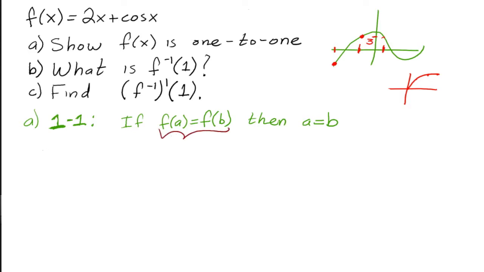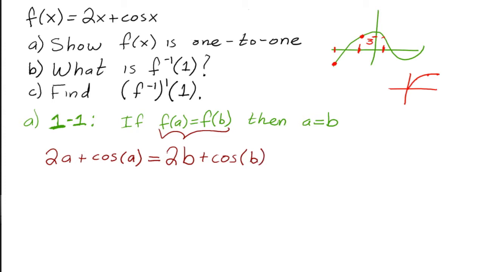So f of a, which is just plugging a into the function, gives 2a plus cosine of a, and that is equal to f of b, which is 2b plus cosine of b.